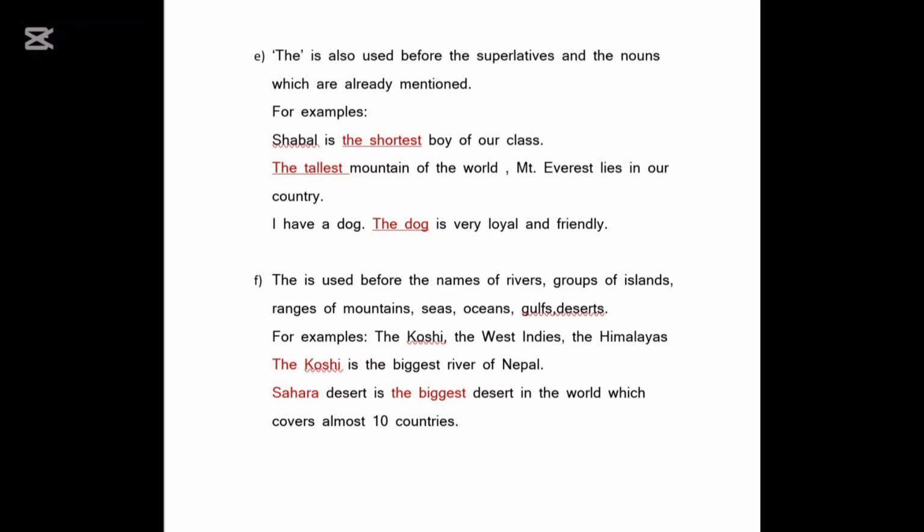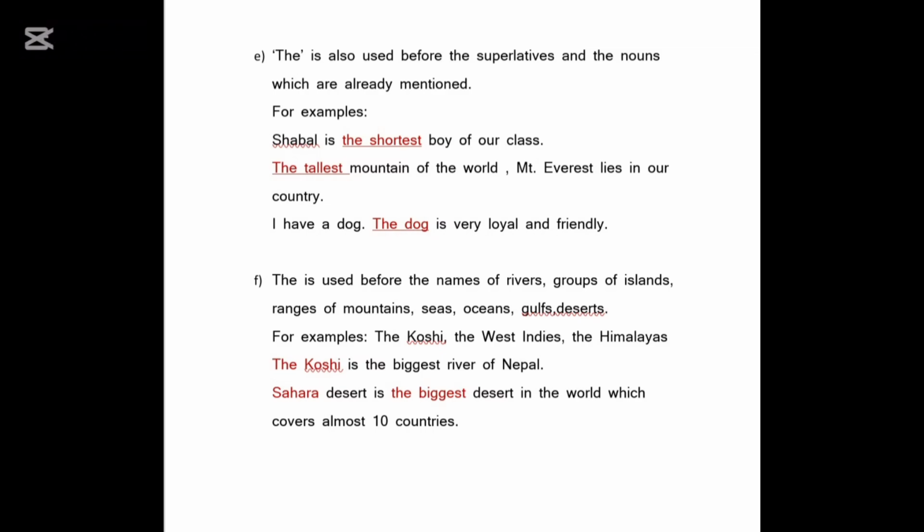Then we use the article the: the tallest mountain. When we compare one mountain with others, before the tallest, what did we use? The word the. So, next is if we are using the same word, same noun again, like you can see here, I have a dog.